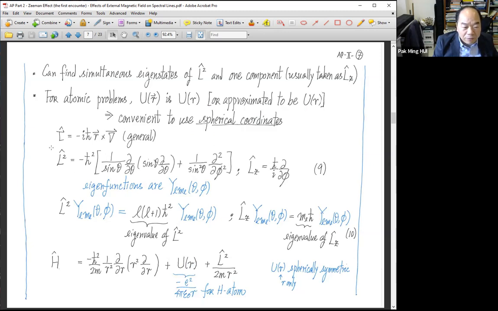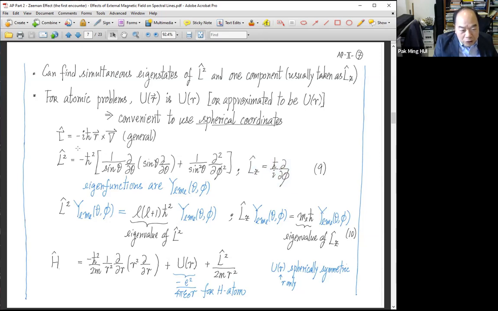Then you have seen the square of the orbital angular momentum is this operator, and Lz is particularly simple because we choose the z-axis to be special. We define the axis there and count the theta from that direction. Because of that, it is just the derivative with respect to phi, times h bar over i, all right?